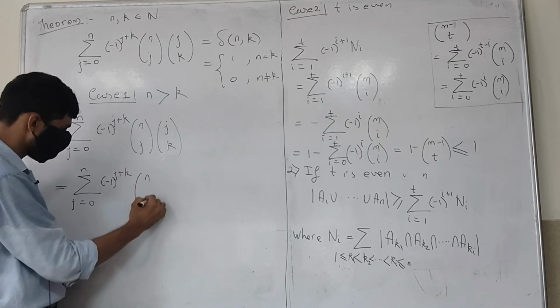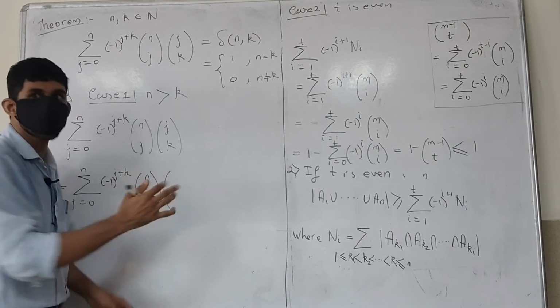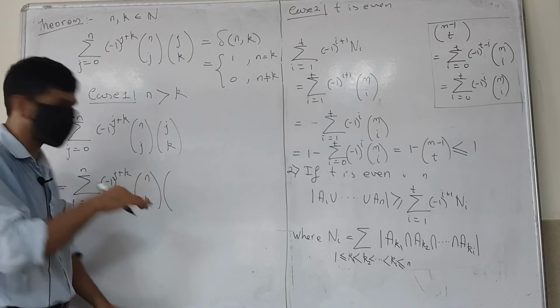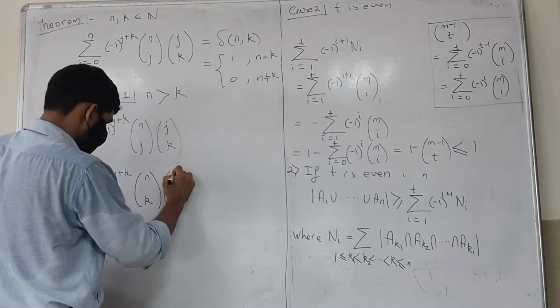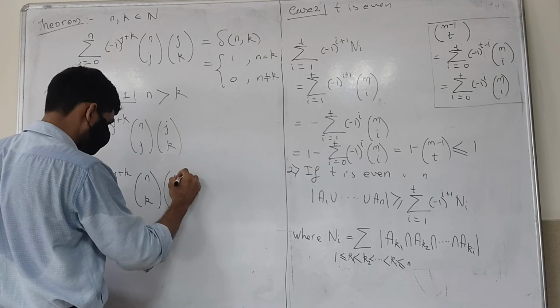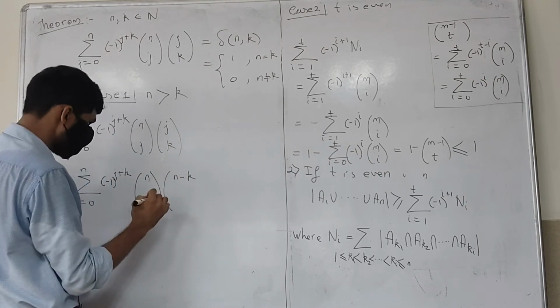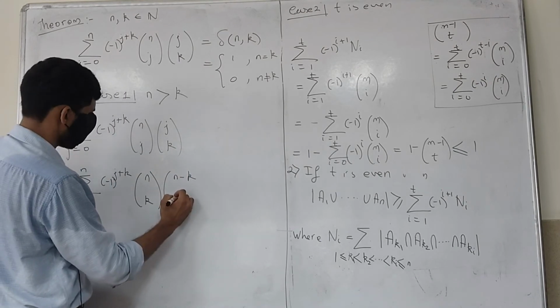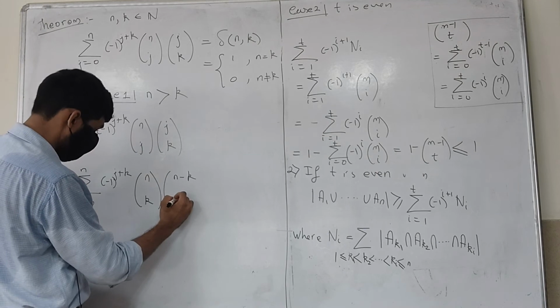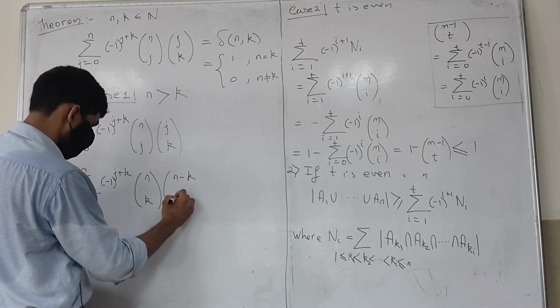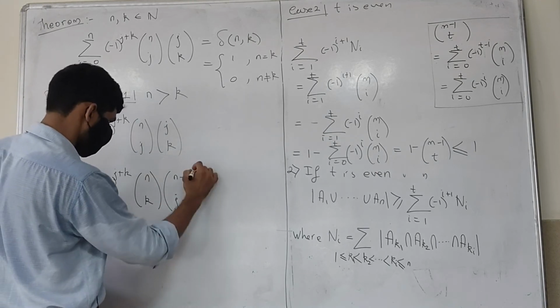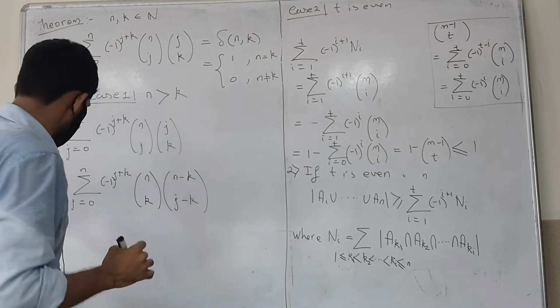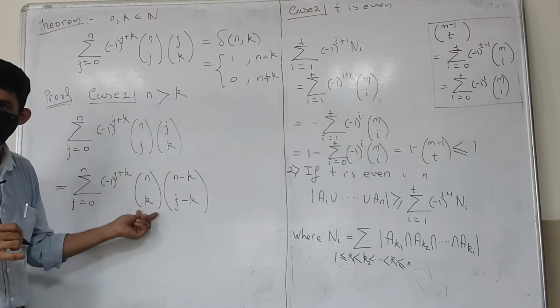So from n you choose the k, and now you need to choose the rest of the j people. So from the n minus k, you have to choose j minus k. Okay, now what's the advantage of doing this?